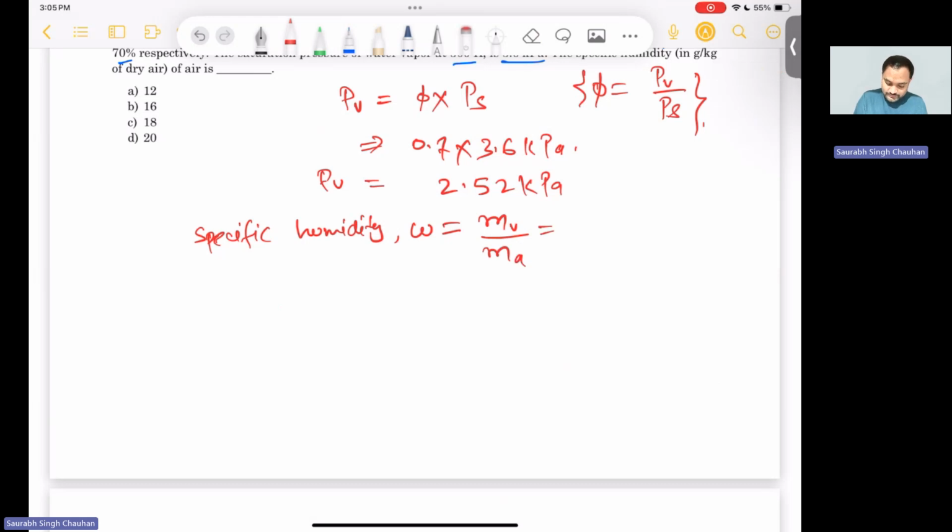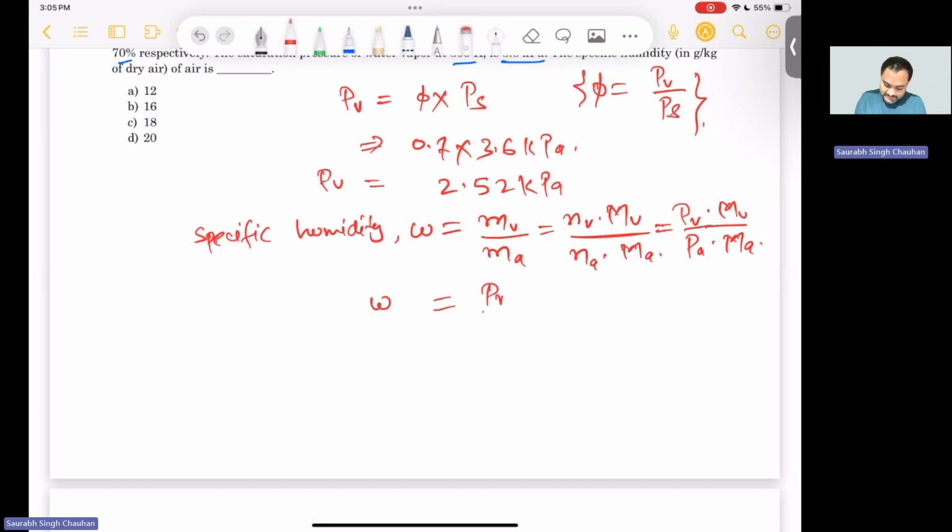So number of moles of water vapor multiplied by molar mass of water vapor divided by number of moles of dry air multiplied by molar mass of dry air. So the ratio of moles can be replaced by the ratio of partial pressures, and the molar mass of dry air as well as water vapor, you know.